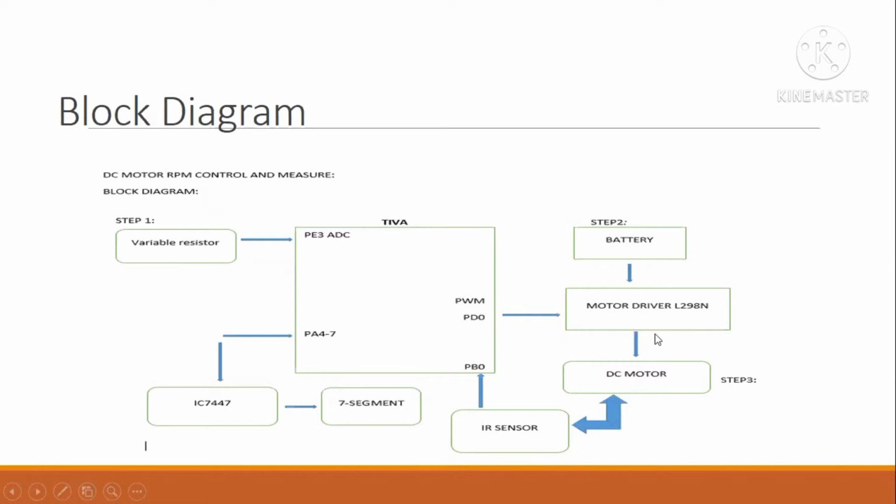Then its output is given to the DC motor. When the variable resistor changes its value, then the DC motor RPM changes. Then in the third step we use an infrared sensor to show the RPM on 7 segment at pin PB0.